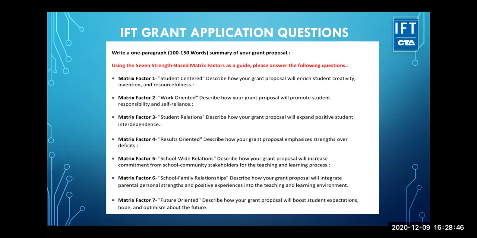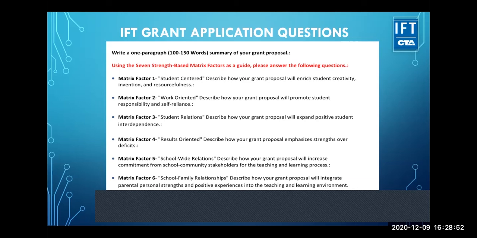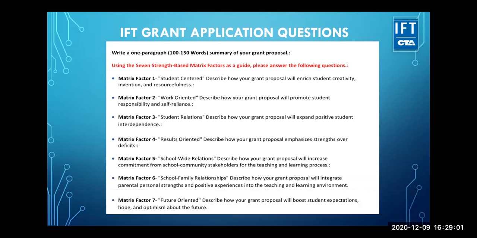The third matrix factor, student relations: describe how your grant proposal will expand positive student interdependence. All this is asking is how are you going to get your students to work collaboratively? How are you going to get them to build those relationships, to work with interdependence, working with other students?